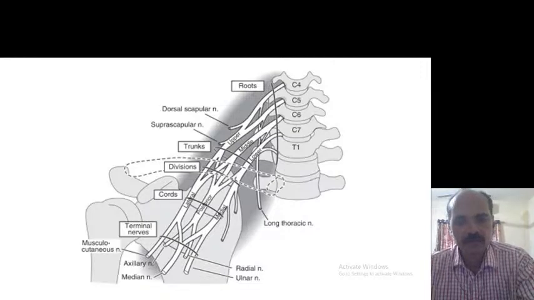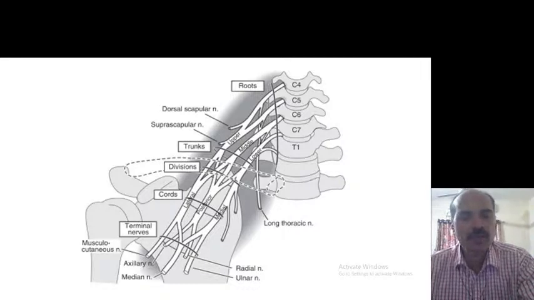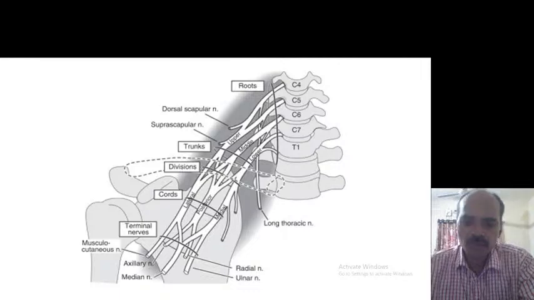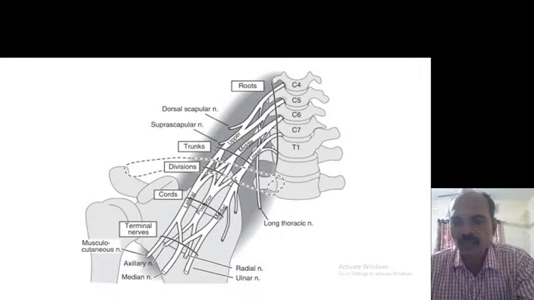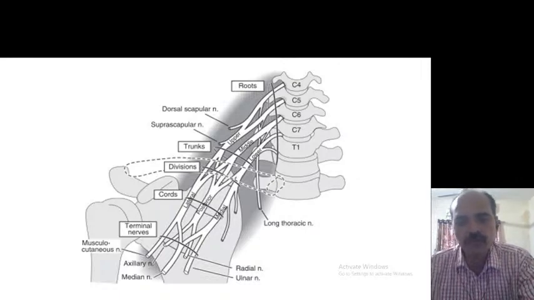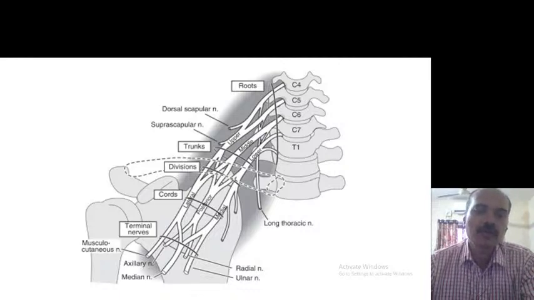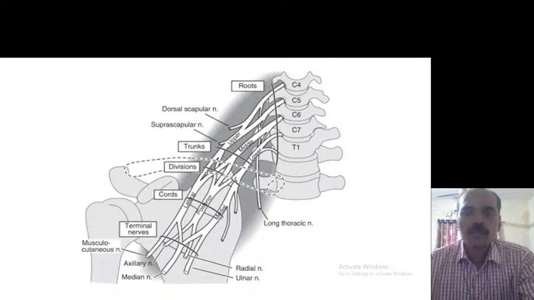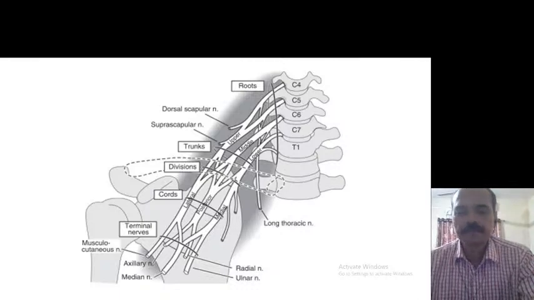In the arm there are only 4 muscles, front of arm 3 and back of arm 1. But the number has increased greatly in the forearm, with multiple muscles: 8 muscles in the front of the forearm and 12 muscles in the back of the forearm. Now let us complete the arm first.